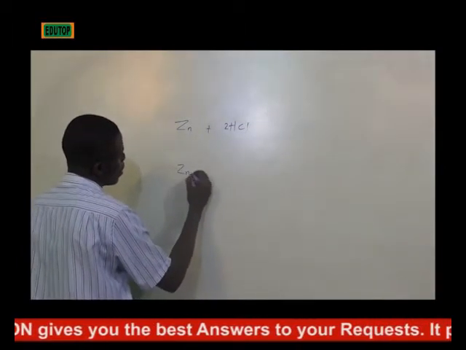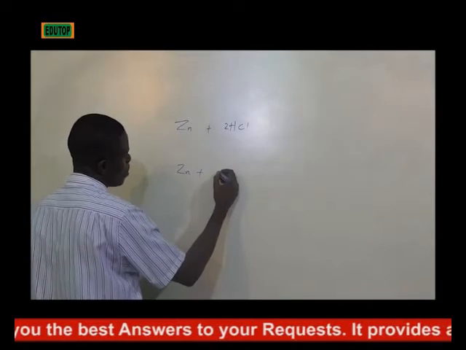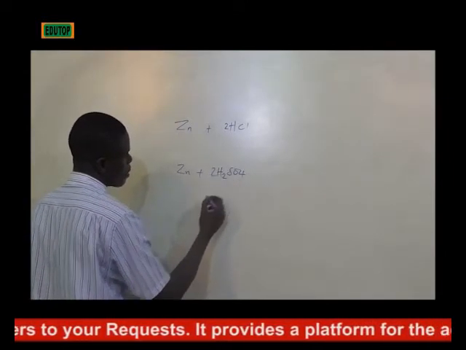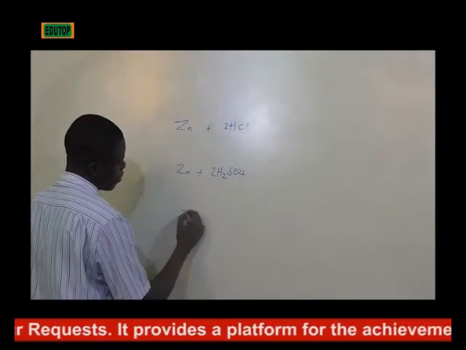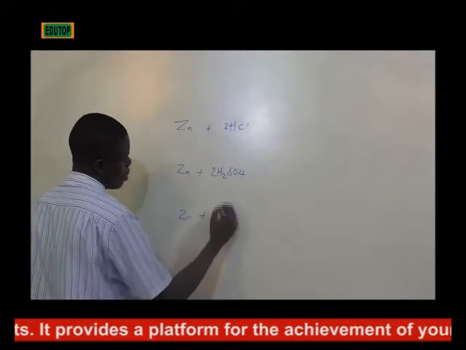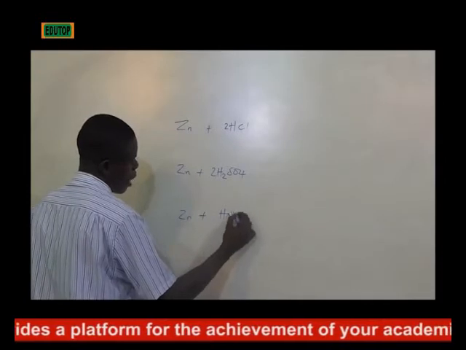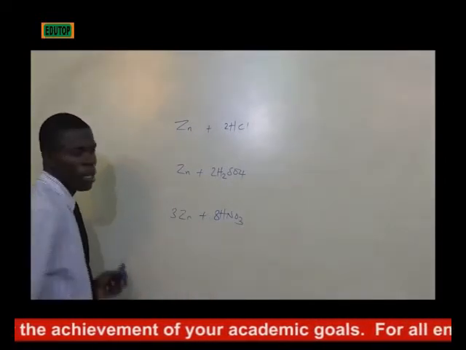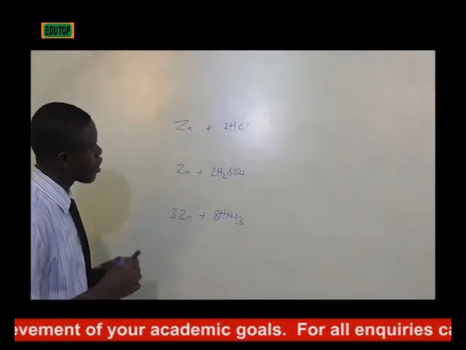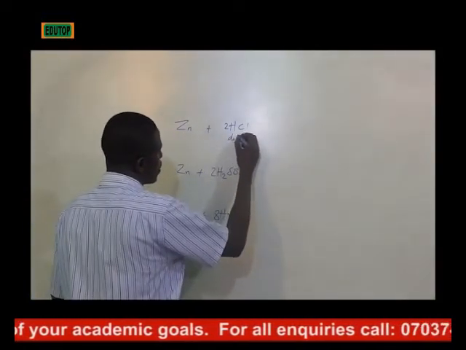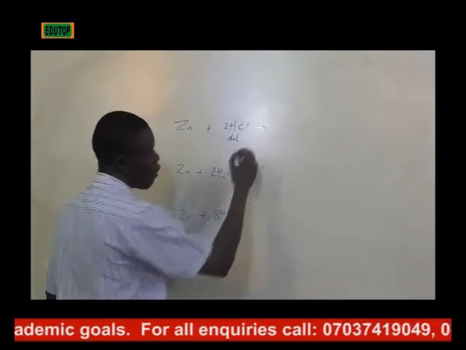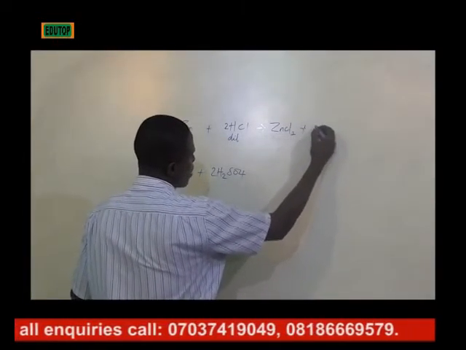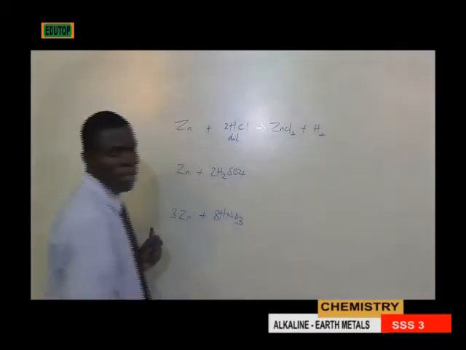Action of zinc on H2SO4, that's tetraoxosulfate 6 acid, and also action of zinc on trioxonitrate 5 acid. In these 3 respective reactions, it can react with dilute and concentrated forms of hydrochloric acid to give zinc 2 chloride, and hydrogen gas will be liberated.